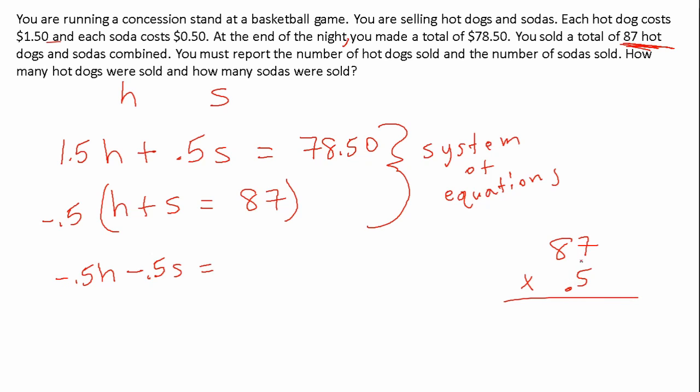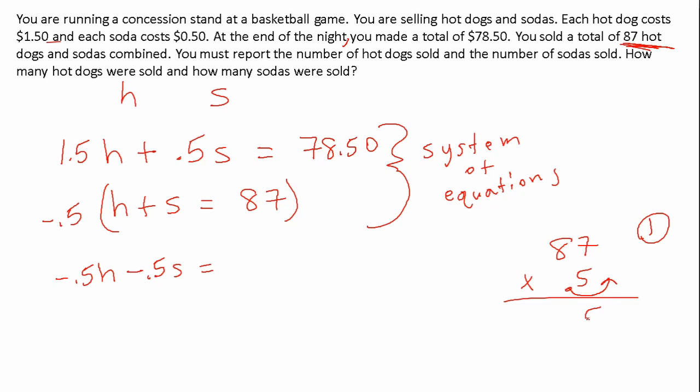To do multiplication with a whole number times a decimal, you shift the decimal one time to make this decimal a whole number, and at the very end we're going to shift the decimal back into the left. So in reality, instead of doing 87 times 0.5, I'm doing 87 times 5, albeit with one decimal to shift back in.